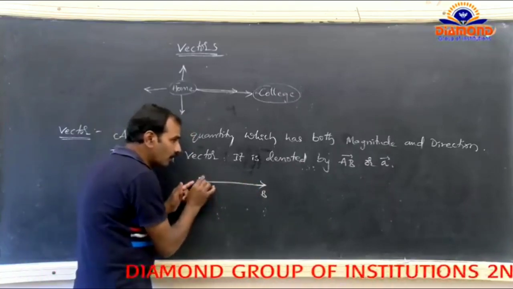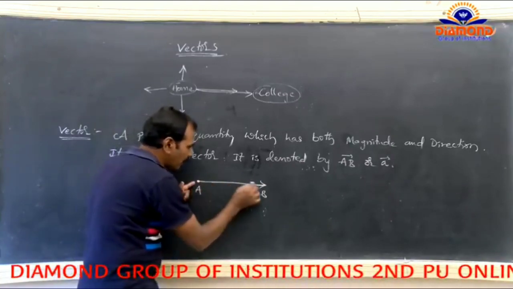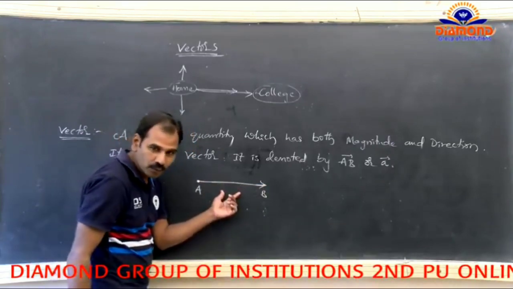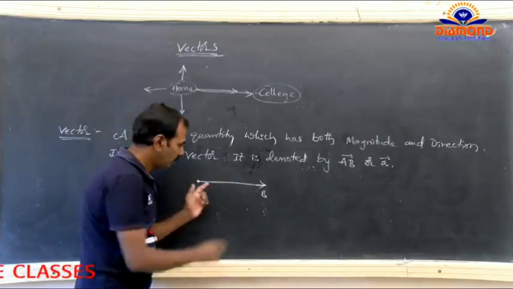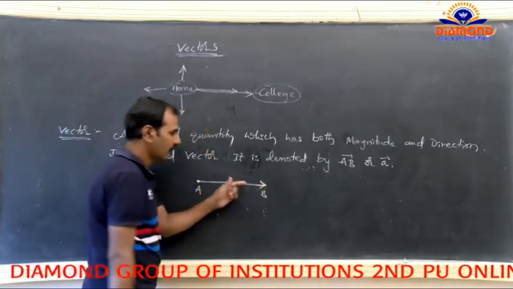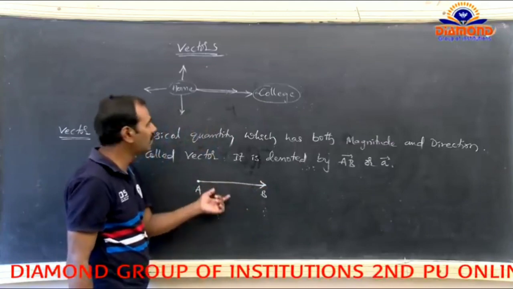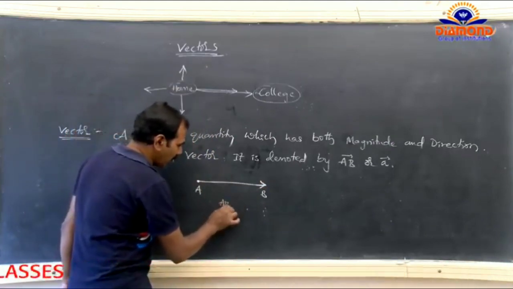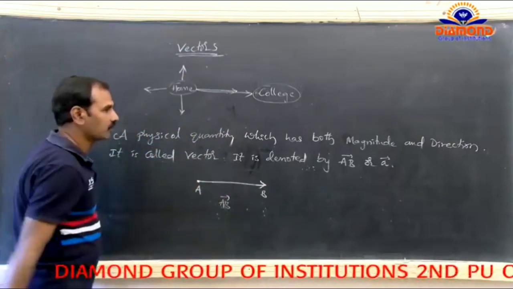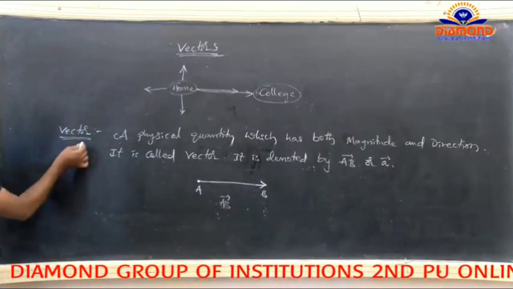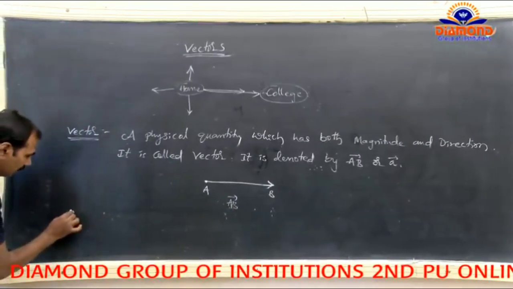From A to B, it is the magnitude, as well as this is the direction. So magnitude with direction is a vector. We denote AB vector or small a bar like that.